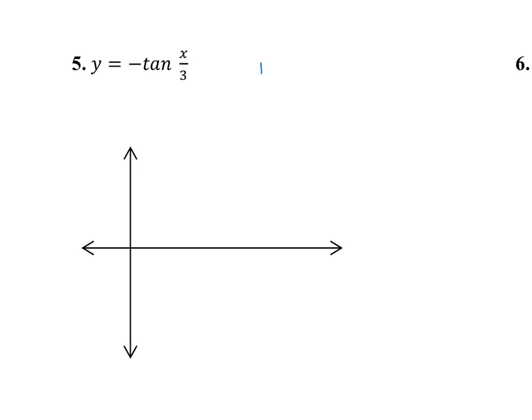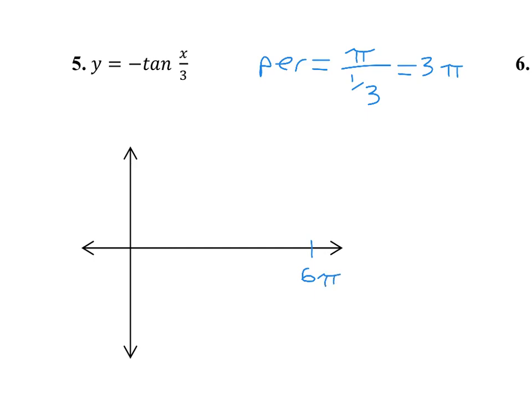Okay, what's the period for tangent? Period is, you don't take 2 pi and divide by b, you take just pi and divide by the b. So the b value looks like it is 1/3. So this period is going to end up being 3 pi. So remember, I like graphing 2 periods.